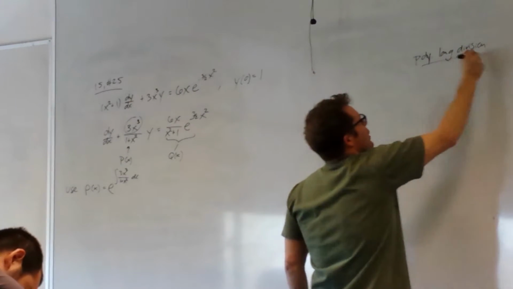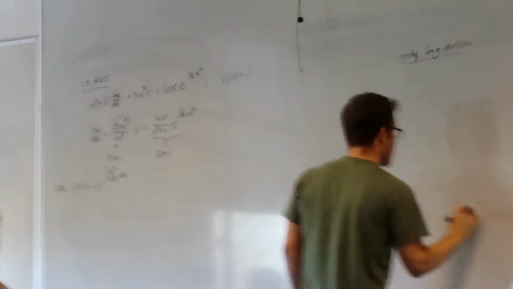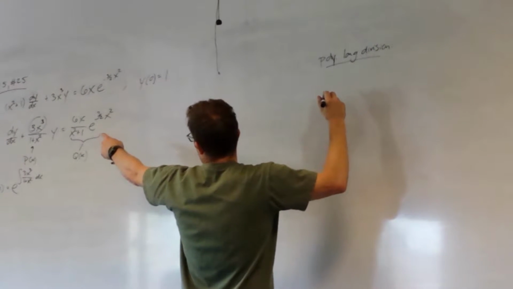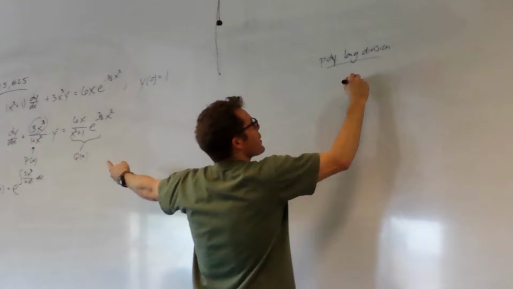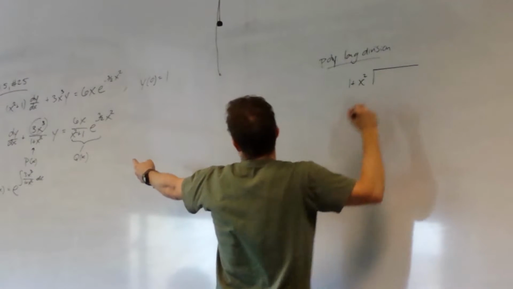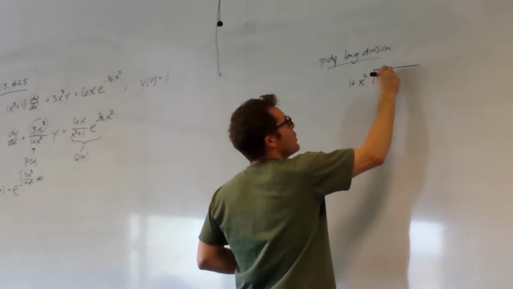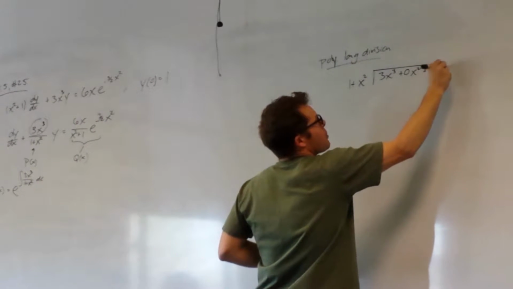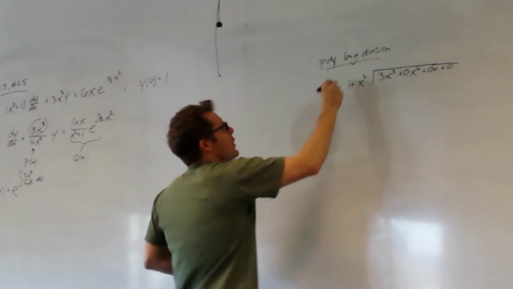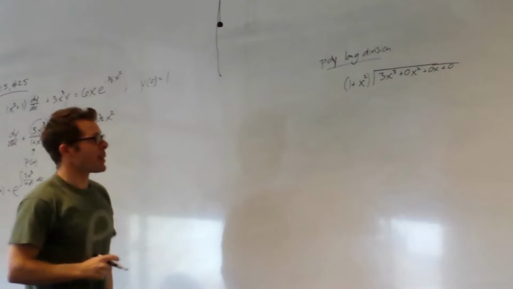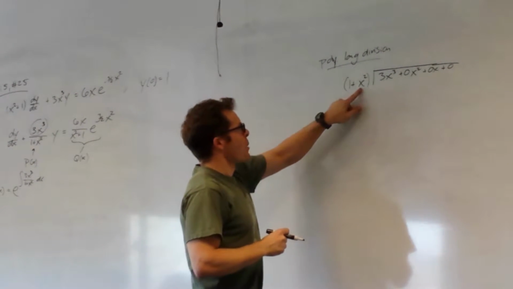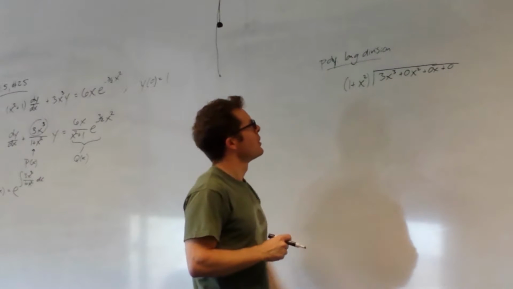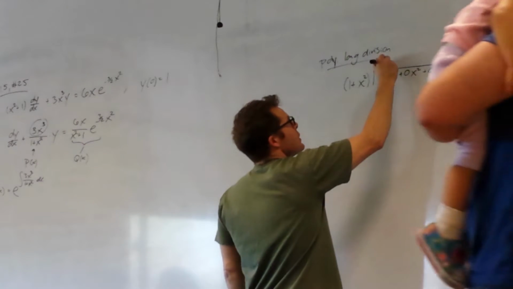Actually, they don't teach this much anymore. It's kind of fallen by the wayside, a little obsolete until you get to here. We're dividing 3x cubed by 1 plus x squared, so 1 plus x squared into 3x cubed. I fill in the missing terms, 0x plus 0. Polynomial long division is much like numerical long division, except I'm matching powers of x. How many x squareds go into 3x cubed? 3x.